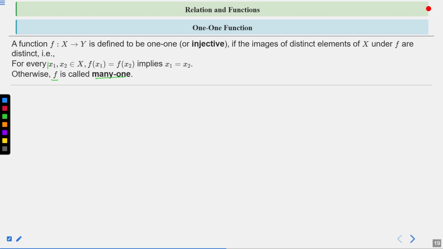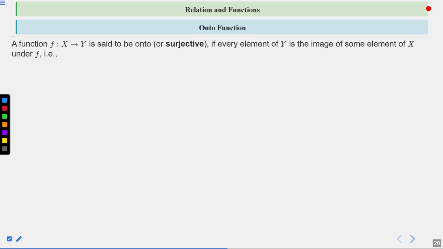If you have two distinct elements from the domain, but the image is same, then you will say your given function is many-one. Simple. I hope it is clear. If image is same, then we must have x1 same as x2. Otherwise, it will be all clear when you see different examples.